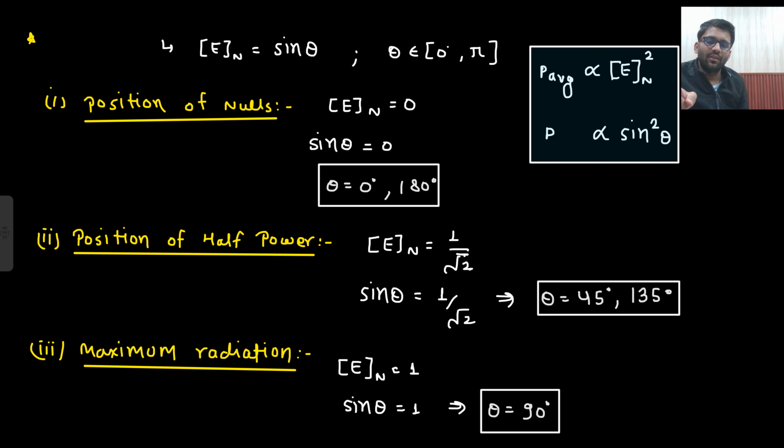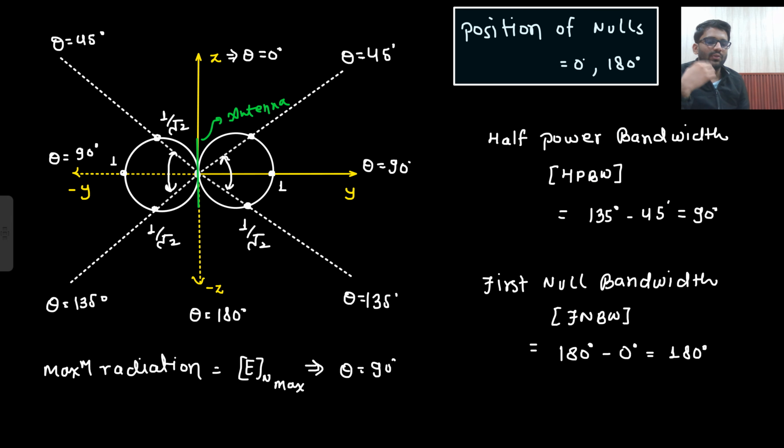Here we find the maximum radiation in the direction of theta equals 90 degree. So can you say my maximum radiation is perpendicular to the antenna? Because this is my antenna and my maximum radiation is in this direction. So maximum radiation is perpendicular to the antenna, not parallel. Say yes or no. You can write this statement down, or you can say that maximum radiation is at theta equals 90 degree.